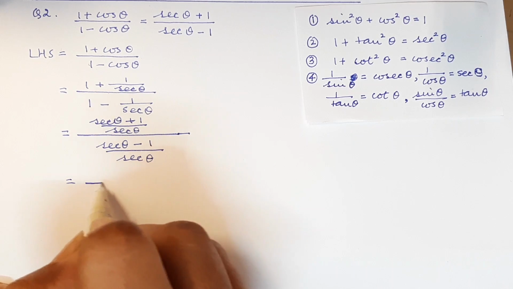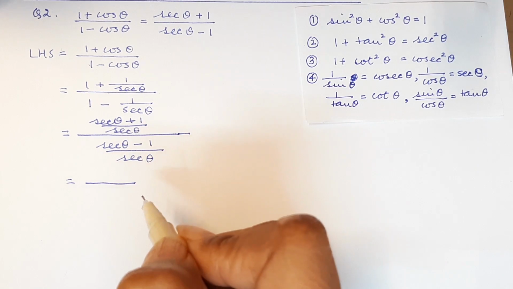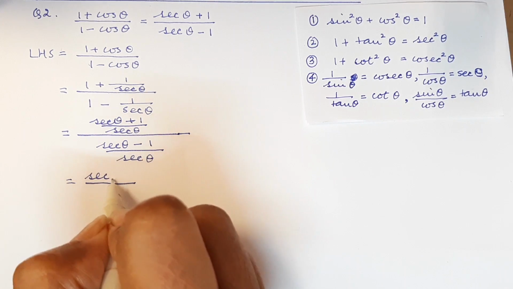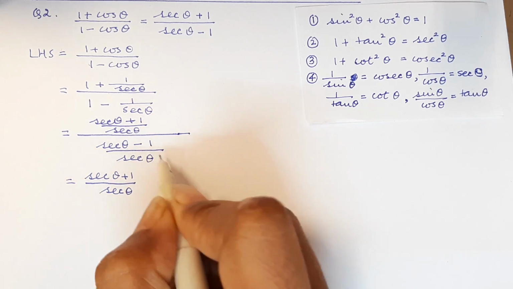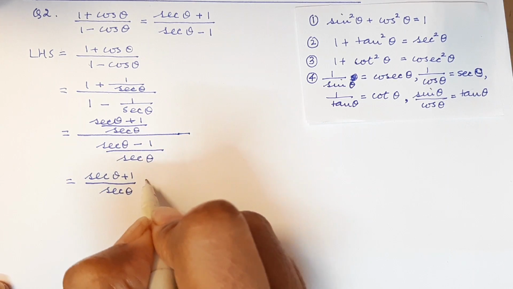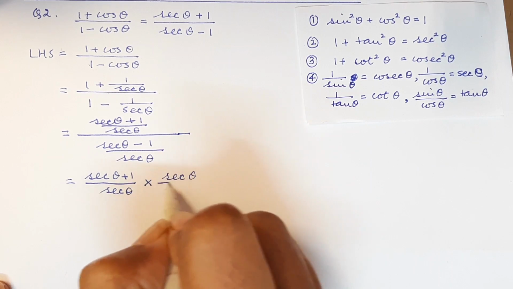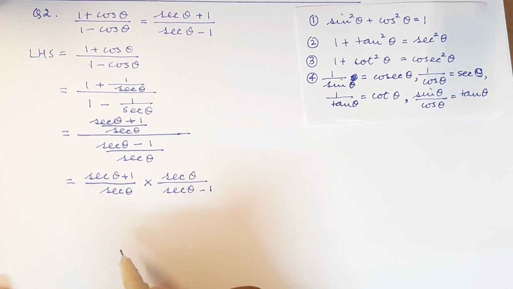Now what do we do? We have a fraction in the numerator and a fraction in the denominator. So in order to simplify, we will write sec theta plus 1 upon sec theta, and now this is dividing this fraction, and so we will multiply by its reciprocal, that is sec theta upon sec theta minus 1.